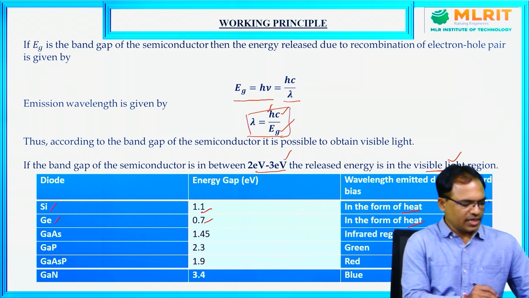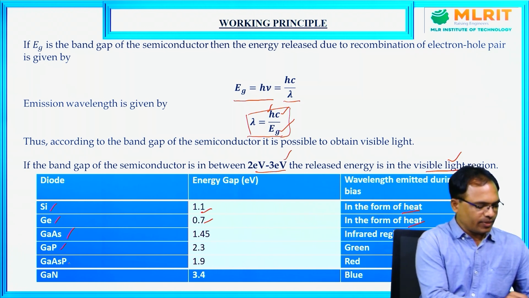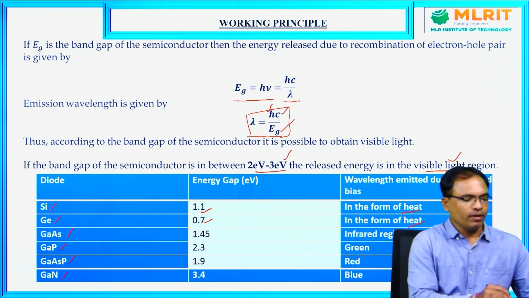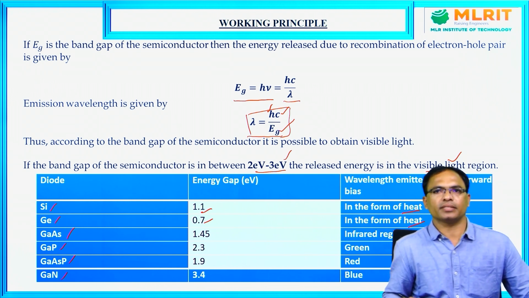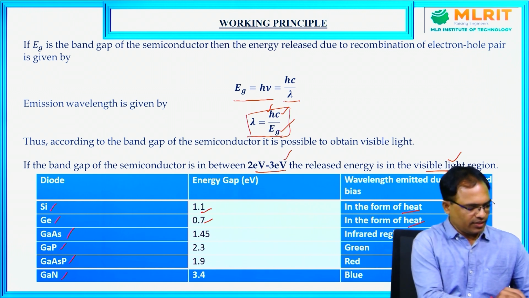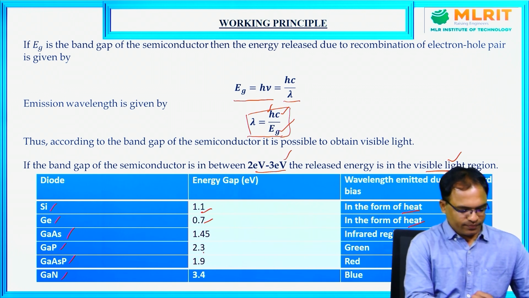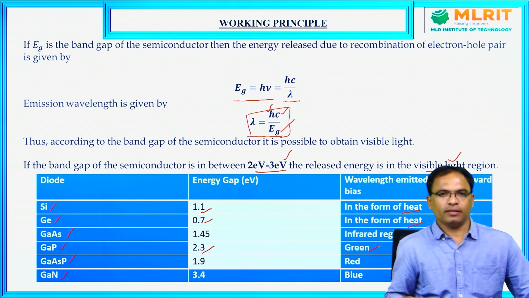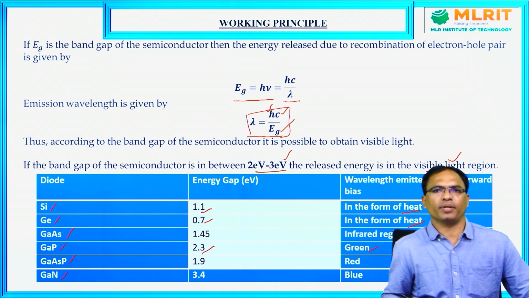And gallium arsenide, gallium phosphide, gallium arsenide phosphide, gallium nitride, all these are direct band gap semiconductors which are used to make LEDs. When an LED is made of these direct band gap semiconductors, there is a possibility of emission of light in the visible region. Particularly when we use gallium phosphide, the color of light coming out from the LED is green.